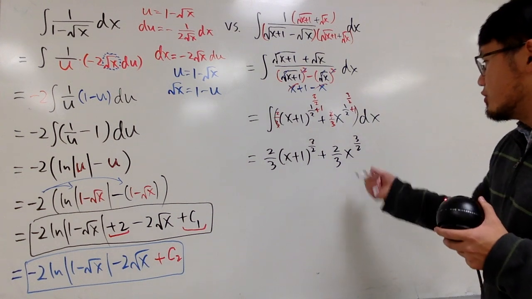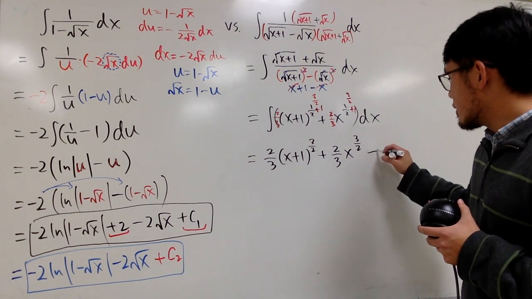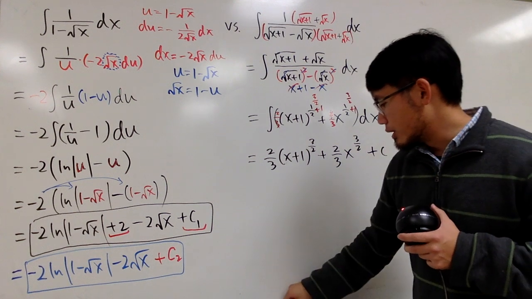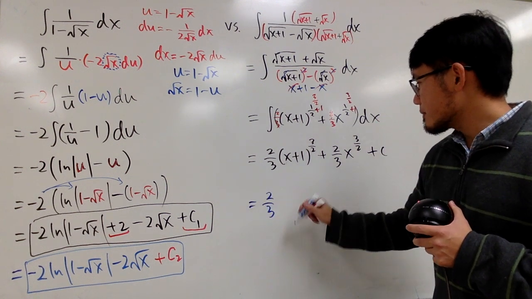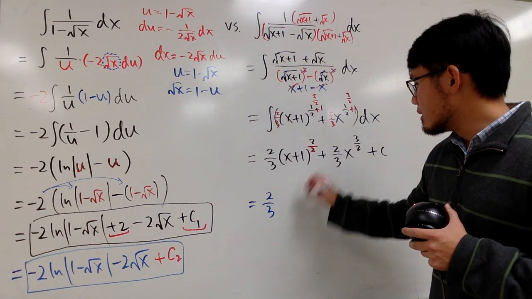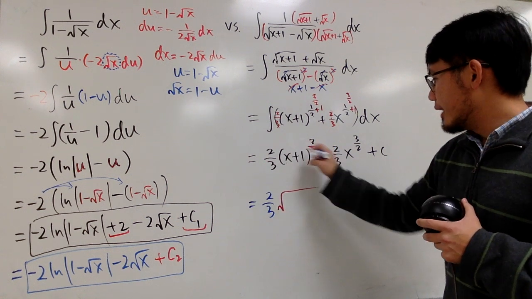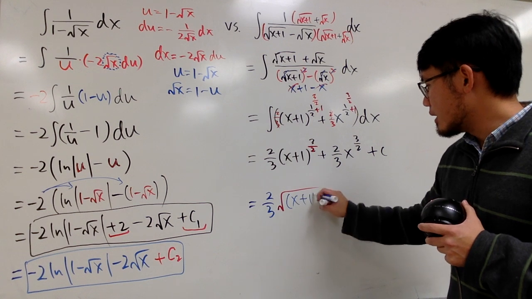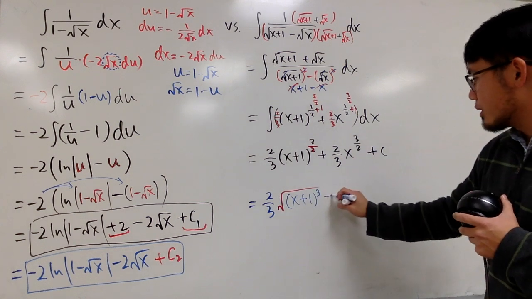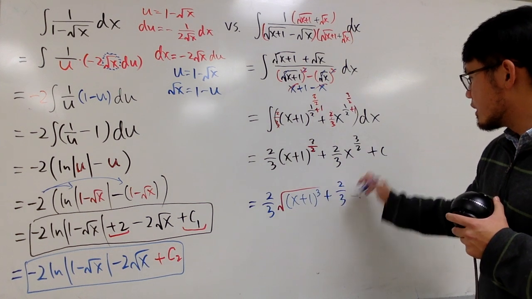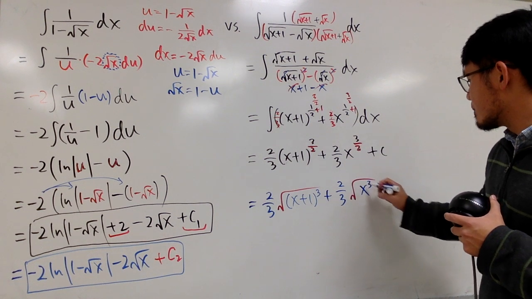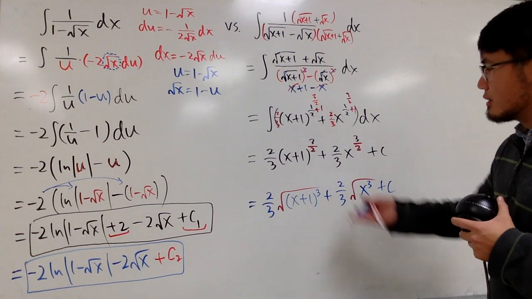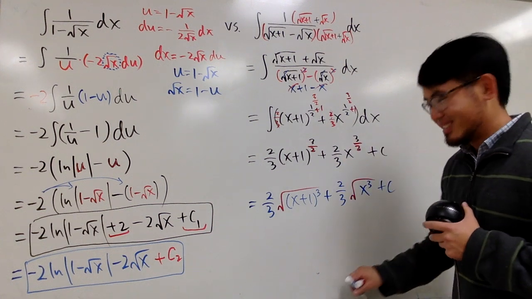And if you would like, you can change this back to the square root notation. It's okay. So perhaps I'll do that right here for you guys real quick. This is the same as 2/3. The half power is the same as the square root. And you can write this as x plus 1 to the 3rd power. And you can write this as plus 2/3. Again, look at that as the square root, x to the 3rd power plus c. So they are equivalent, so the c are the same as well.